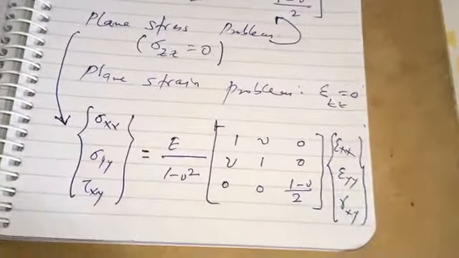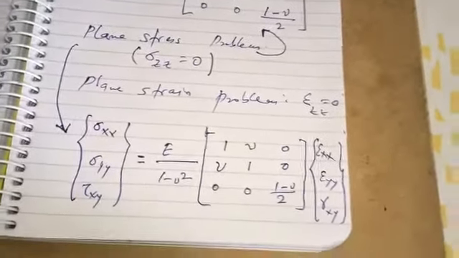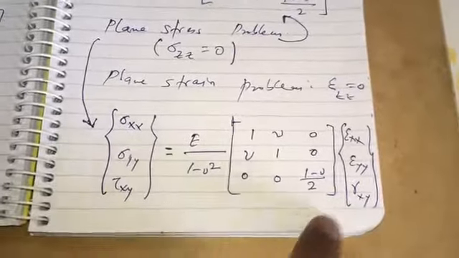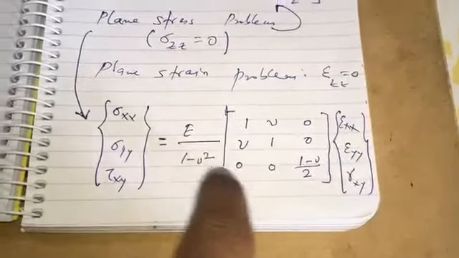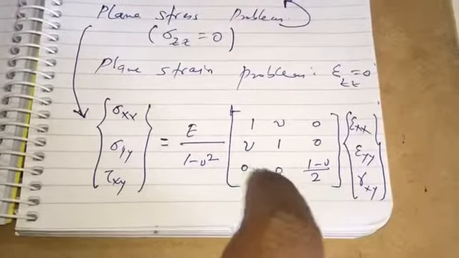This is the stress-strain relationship or constitutive model or the material properties. So this is actually a material property or generalized Hooke's law.